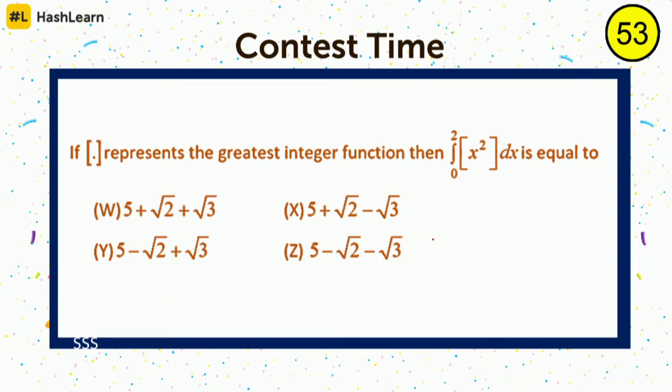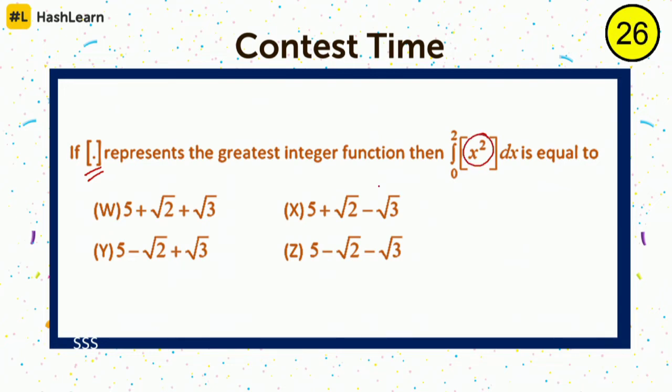This square bracket with dot represents the greatest integer function. There is a limit 0 to 2. You know that I have told you about the greatest integer function in my last classes. 0 to 2 is the limit, and your greatest integer part is not x but x square.